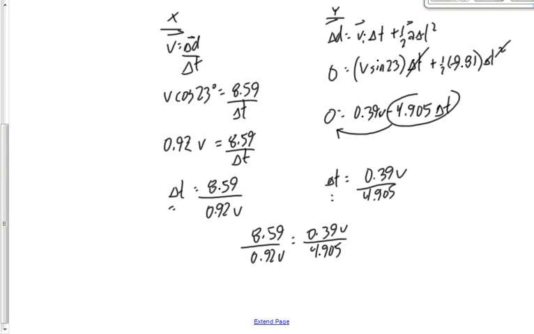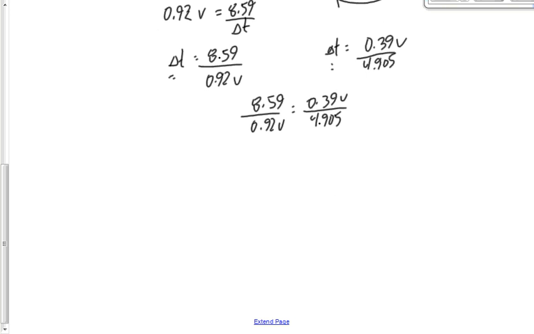Mathematically, this has been pretty tricky, right? I'm not going to try to gloss over that. It's a tough question. But look at where we are here now. Let's take this up by multiplying and this up by multiplying. What's 8.59 times 4.905? 42.12? Thank you. What's 0.39 times 0.92? 0.3588.